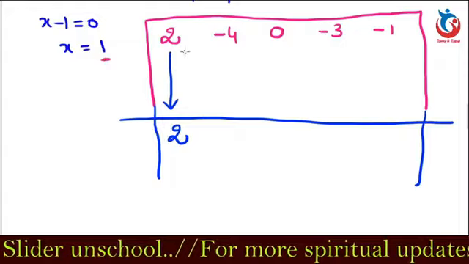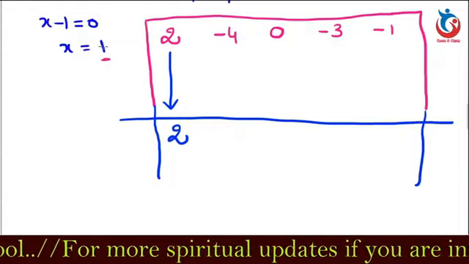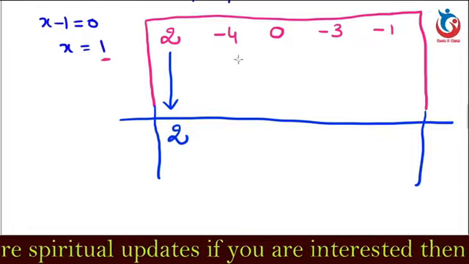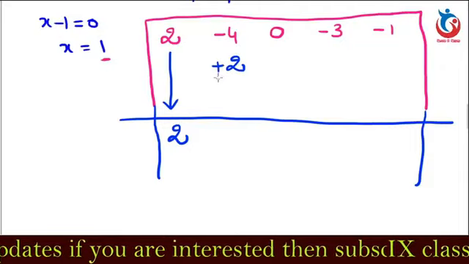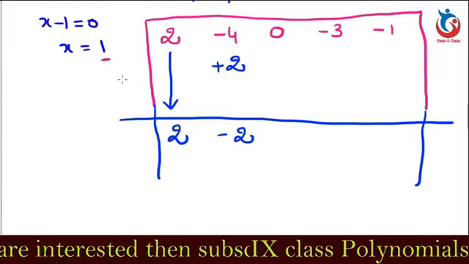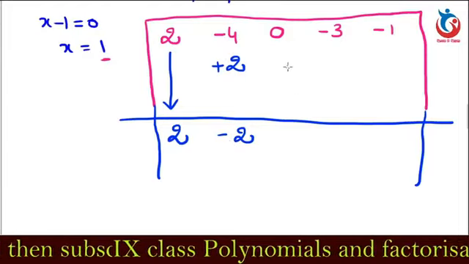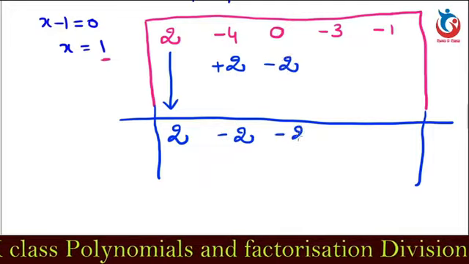In the next step I am not writing the steps here, I am doing it on my own: 1 into 2, that is 2. So minus 4, this is 2 in the sense plus 2 actually, so minus 4 plus 2, this is minus 2. In the next step, 1 into minus 2, that is minus 2. So 0 minus 2, so we get minus 2.